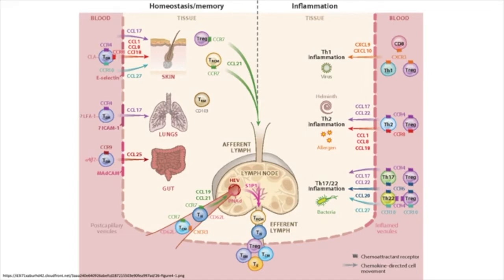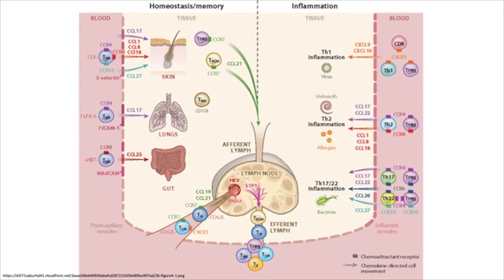So they're going to attract T helper cells, and they're also going to attract B cells to the lymph node, in the hopes that they can get that connection between a macrophage, a T helper cell and a B cell to actually trigger an immune response. That whole process is triggered by the secretion of chemokine ligands from the macrophage, the APC, and binding to chemokine receptors on other cells.